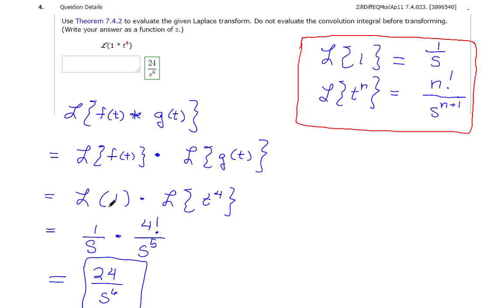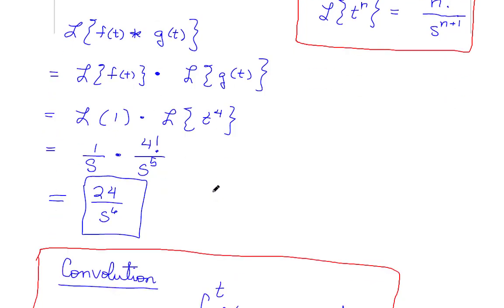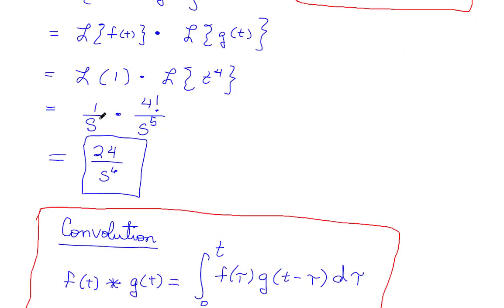So the Laplace transform of 1 times the Laplace transform of t to the 4th. I get a 1 over s from the Laplace transform of 1, and for the Laplace transform of t to the 4th, I get 4 factorial over s to the 4 plus 1, and 4 factorial is 24.